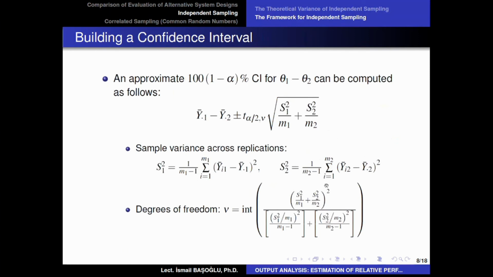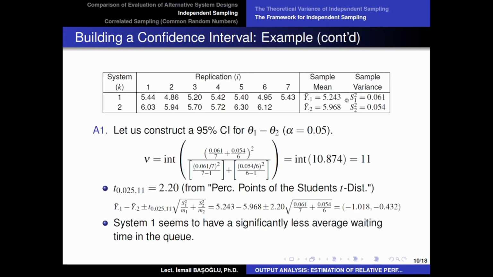According to the formulation that I have shown you on page 8, I'm just going to plug in these sample variance values and M1 and M2 values, and it is going to give me 10.874, and when you calculate its closest integer, you get 11.